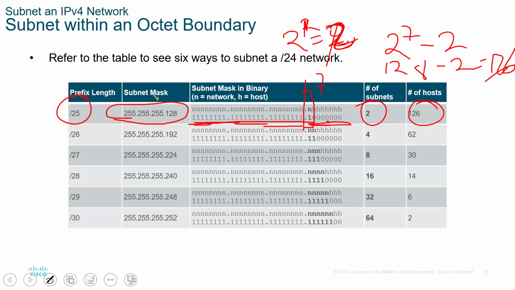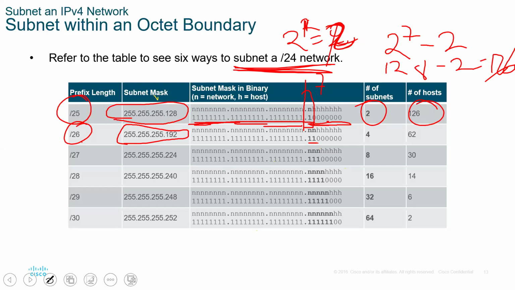Let's go to another one, slash 26. Now, remember, we're doing this from the subnet of slash 24, which is the supernet, okay? Now, when we have slash 26, this is the subnet mask, all right? Now, within the subnet mask, you will see how many bits were borrowed? 2 bits were borrowed.